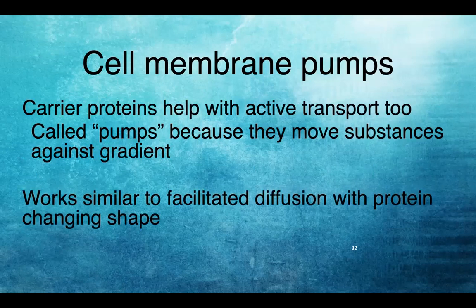The process of a membrane pump is going to be similar to facilitated diffusion, with the protein changing shape. As soon as the molecule binds, the protein changes shape and opens up to the other side of the membrane, and the substance is moved inward or outward, depending on which direction you're going.